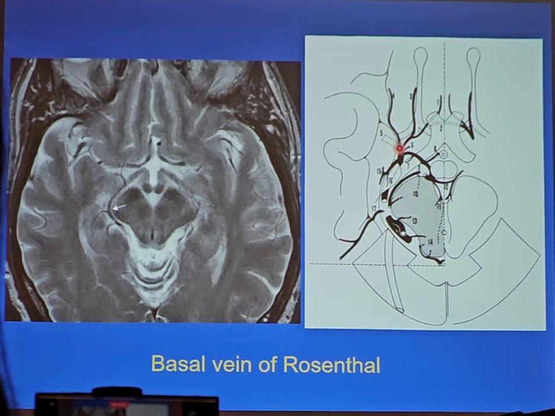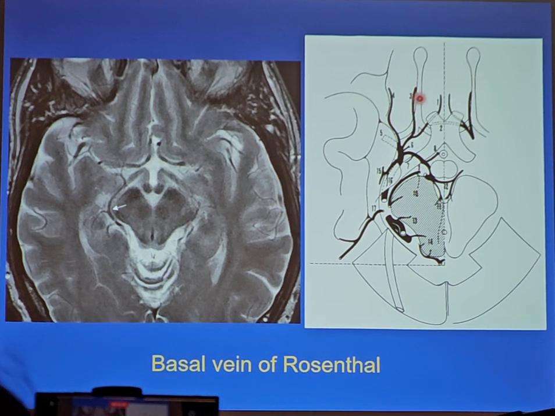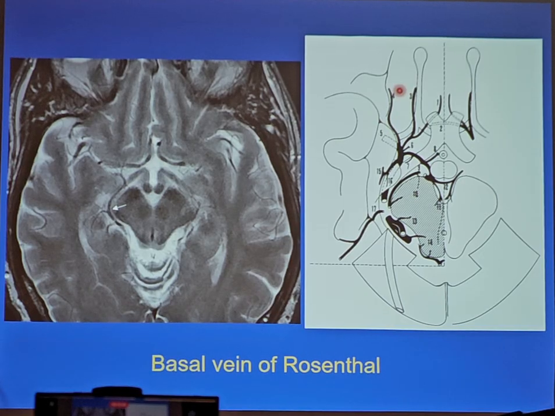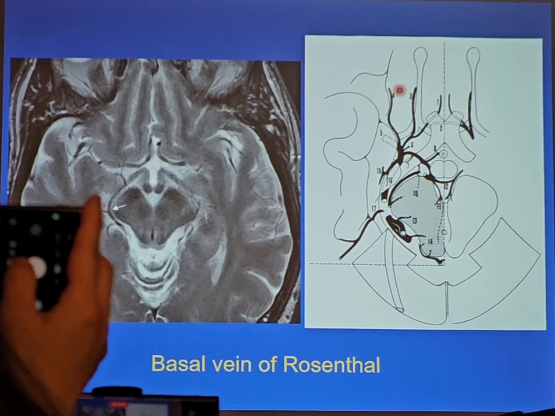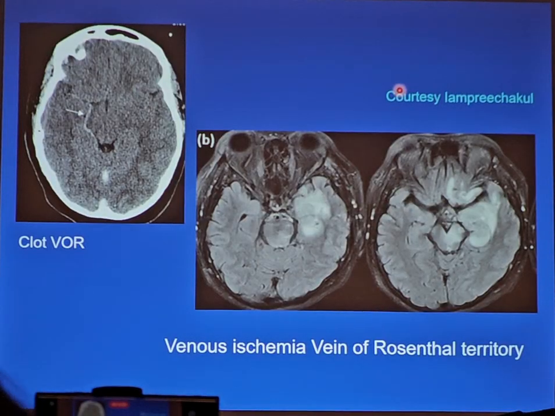Tributaries extend forward towards the inferior posterior aspect of the frontal lobe cortex. So it's quite a large territory that the vein of Rosenthal actually drains and encompasses.